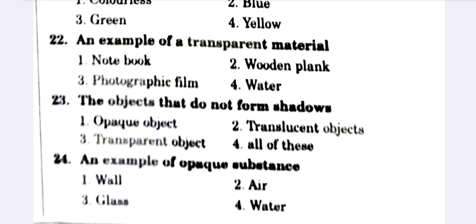Okay, here translucent is somewhat transparent, and transparent is totally transparent, and the correct answer will be opaque object, the object which is opaque, which cannot allow the light to transfer through, so that is opaque object.